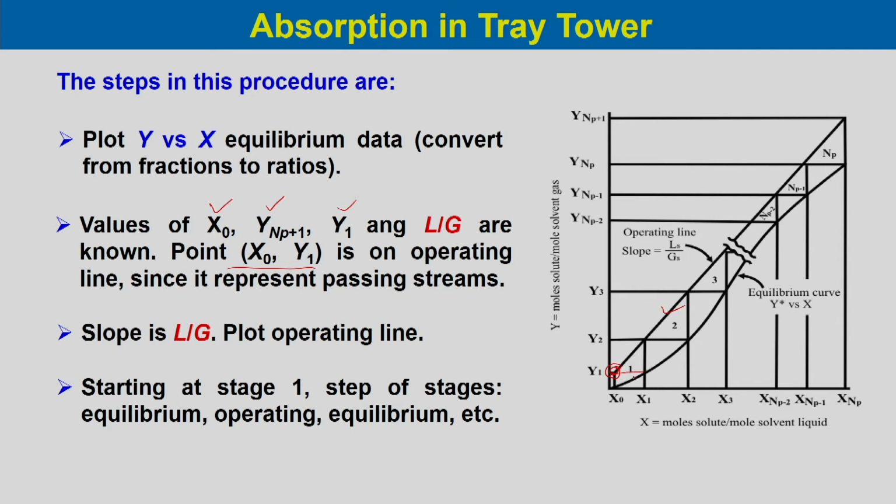So, this represents one equilibrium stage or one ideal stage. From the mixing point for a particular tray, if you move to the equilibrium line, this is one tray. So, this is the first tray.